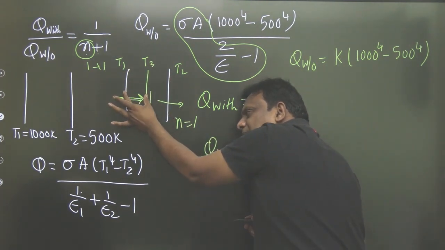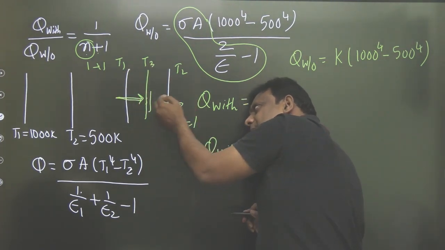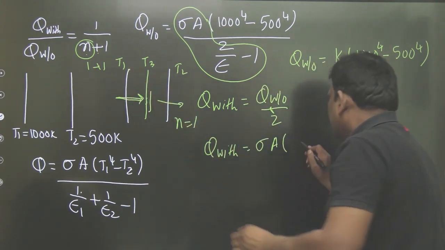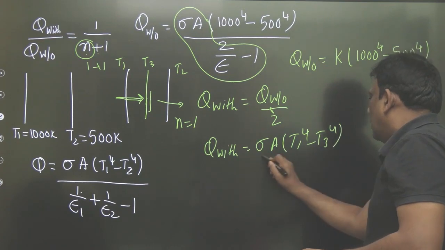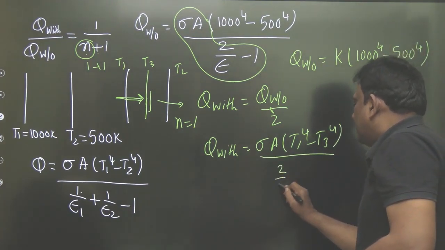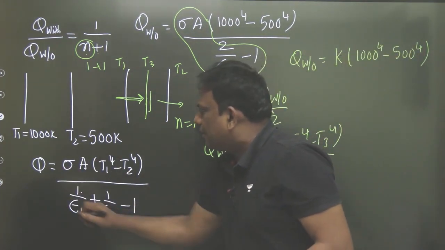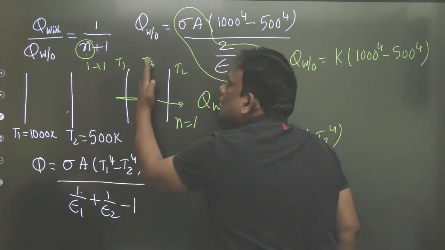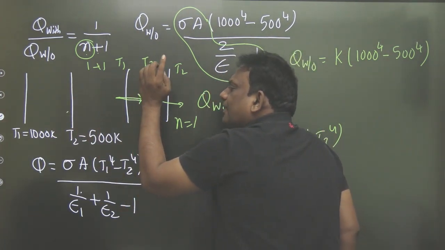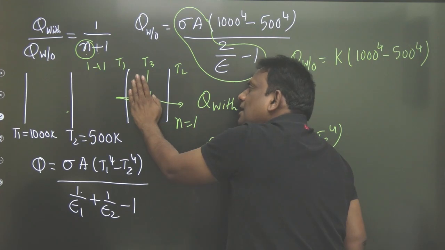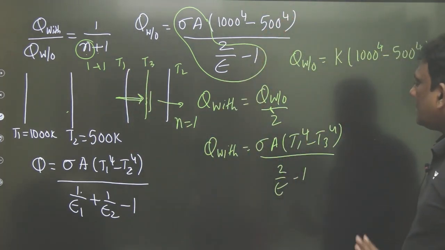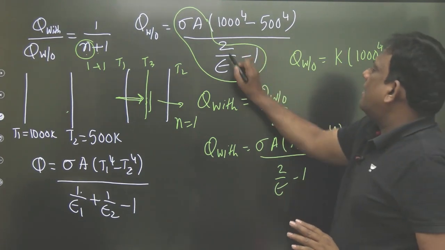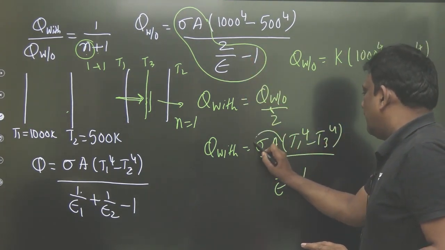Let me calculate between these two. It is sigma A (T1 power 4 minus T3 power 4) by (2 by epsilon minus 1). Same equation, instead of T2 it is now T3, and instead of without shield it is with shield. Whatever heat is coming, the same is going. And you know very well, sigma A by (2 by epsilon minus 1), its value is fixed.